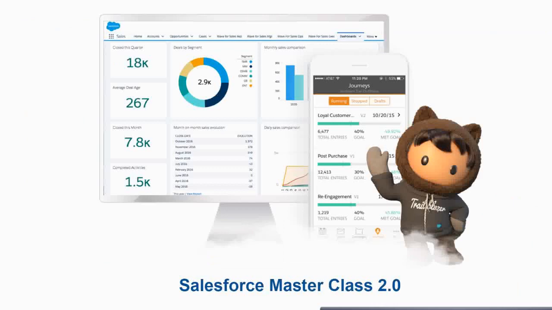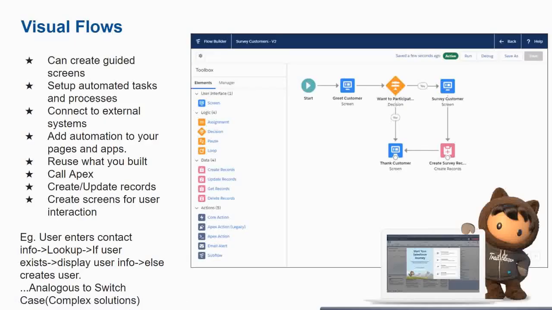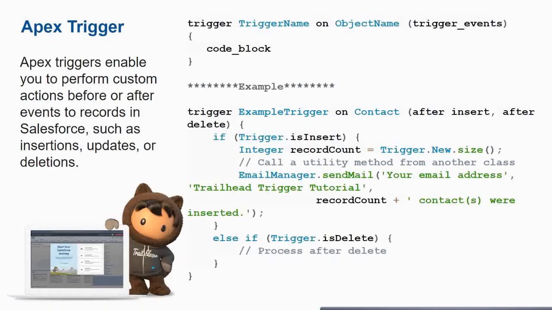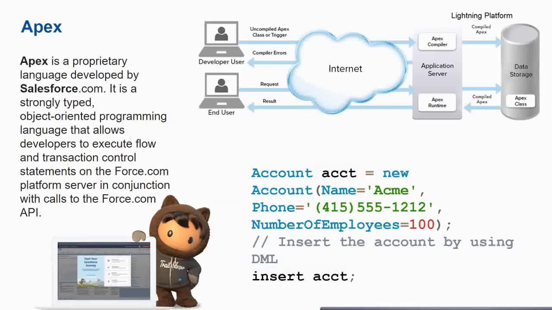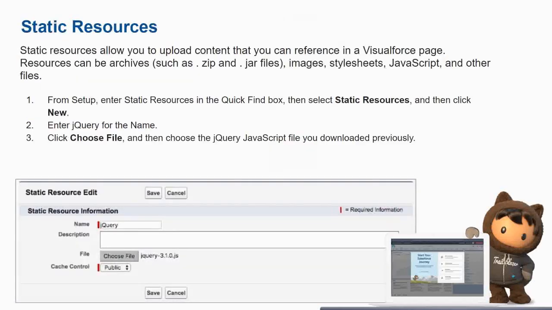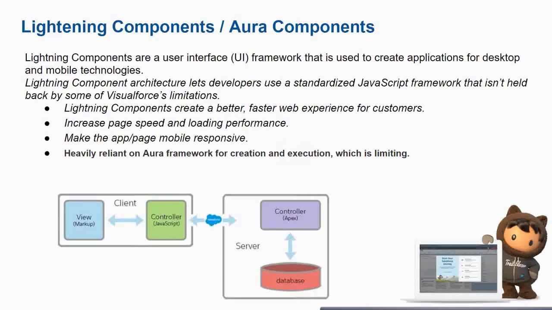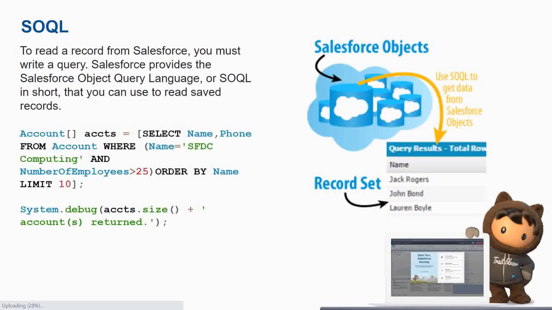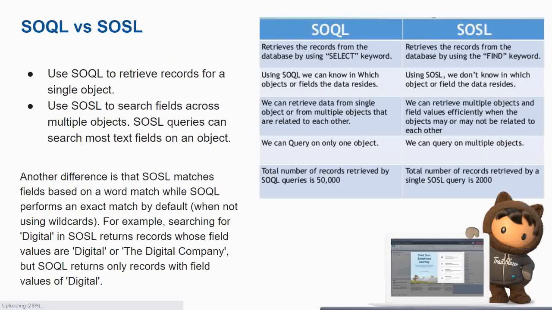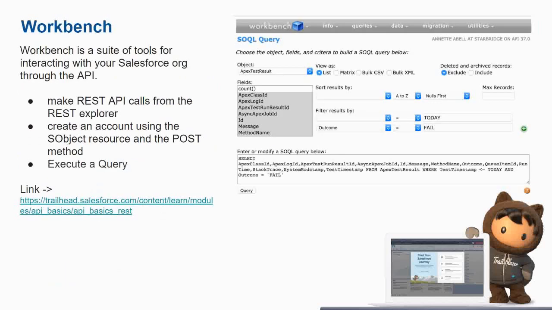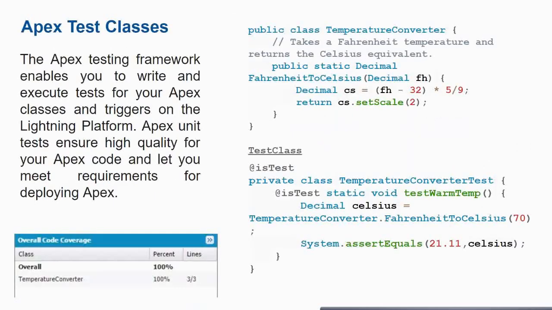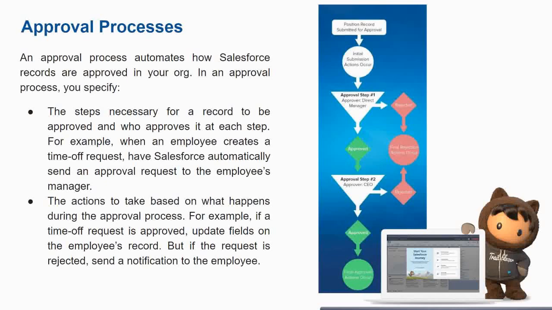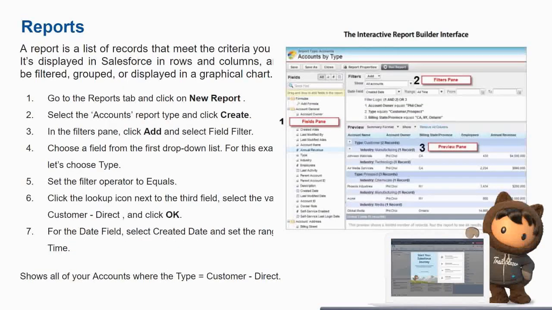Here we have discussed visual flow, Apex triggers, Apex, Visualforce, static resources, lightning components, lightning web components and how they are different, lightning design system, SOQL, SOSL, SOQL versus SOSL and why both are there, workbench, DML, Apex test classes, approval processes, reports, and dashboards.